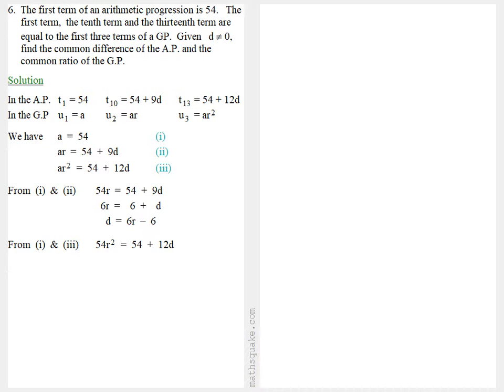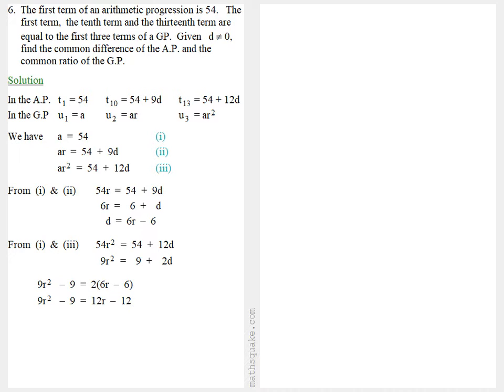Now if we substitute a is equal to 54 in equation 3, we get 54r squared equals 54 plus 12d. And we can divide all the way through by 6. So 9r squared equals 9 plus 2d. Now if we substitute d as 6r minus 6 into that equation, we get 9r squared minus 9 equals 2 into 6r minus 6.